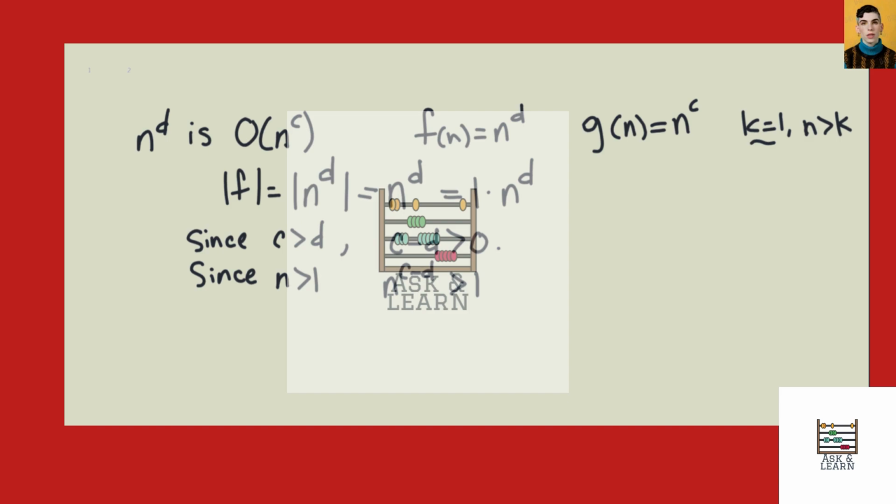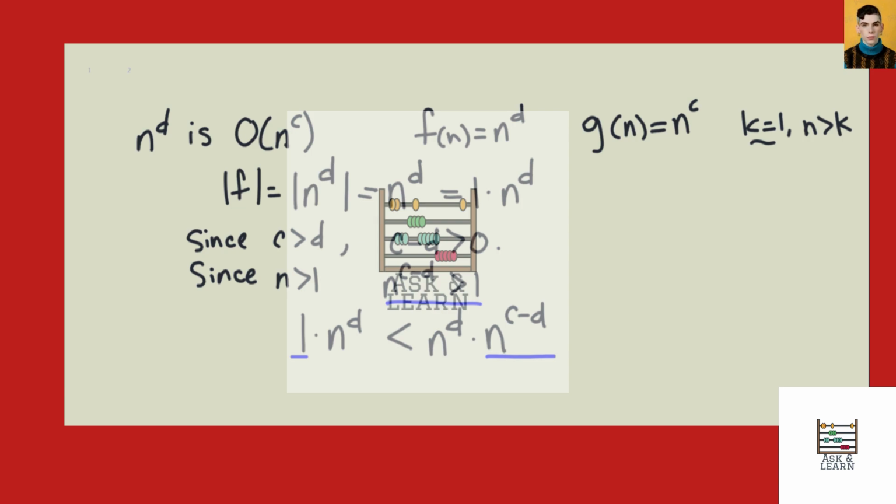Okay, so that means our 1 times n to the power of D must be less than n to the power of D times n to the power of C minus D, right? Because we know that this is greater than 1, so we have a 1 here. We have something that's greater than 1 over here.